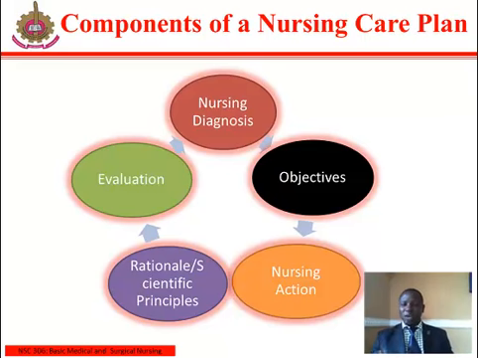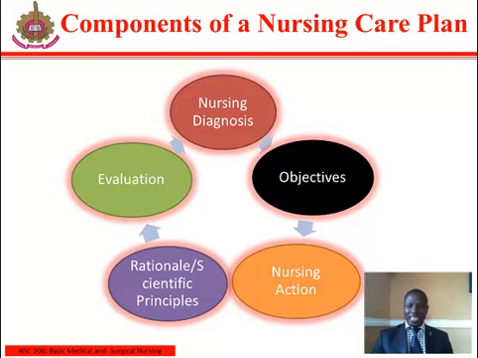Nursing action is the actual nursing care that a nurse carries out to meet the objectives of a particular need. It is written as briefly as possible. It should be written in order form. It is a continuous process based on evaluation and reassessment of patient condition.